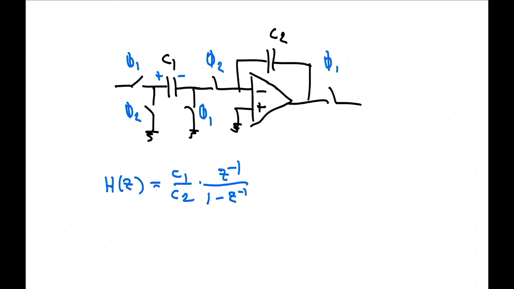The other way that you can operate this is that you swap the clock phases. So you do phase 1 on these ones here, and then you do phase 2 on those.